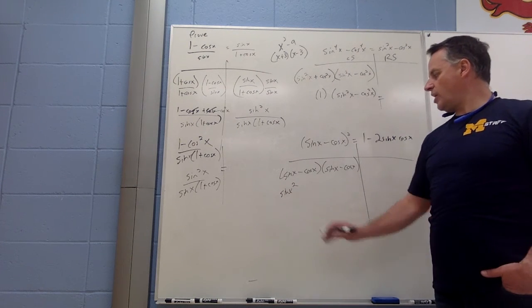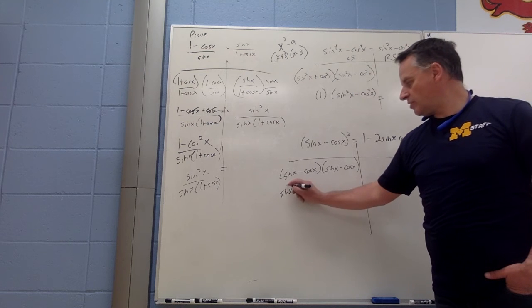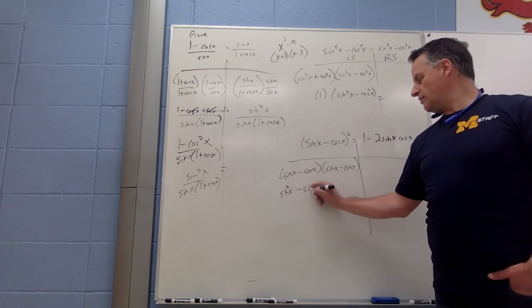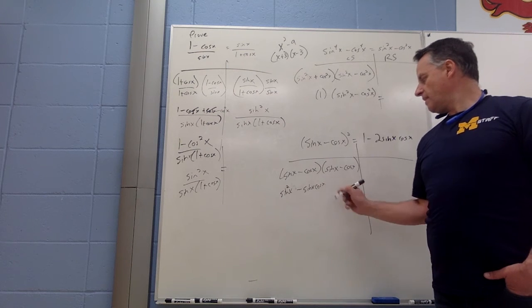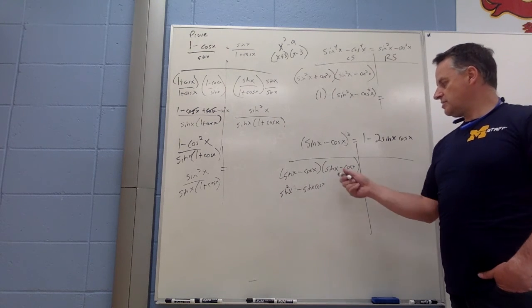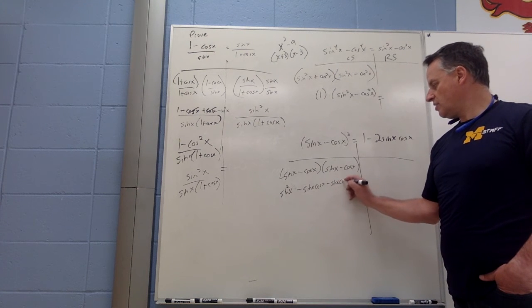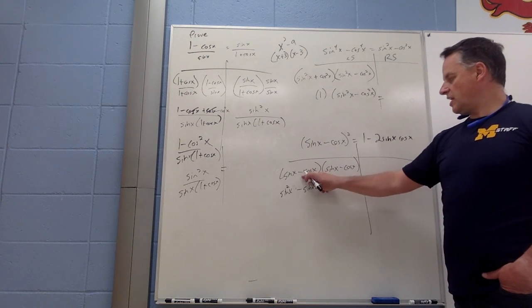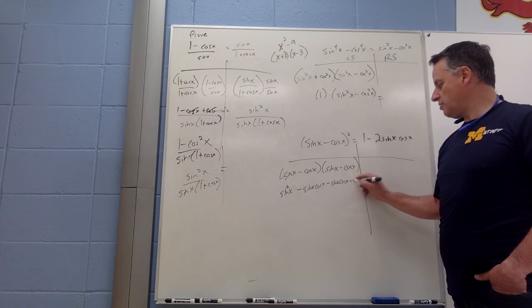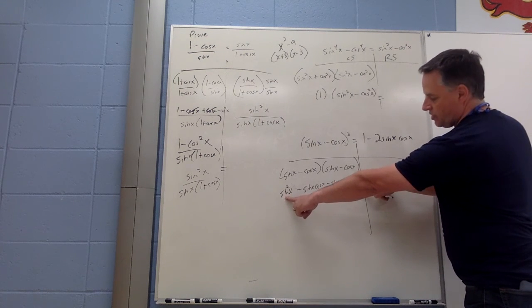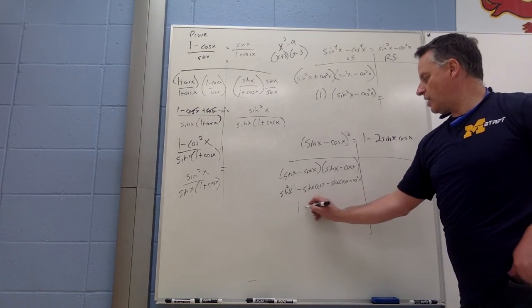Sine times sine is sine squared. Whoops, got to put the squared in the right spot. Sine times negative cos is negative sine cos. Negative cos times sine is again negative sine cos. And then negative cos times negative cos is positive cos squared. Again, I end up with sine squared plus cos squared, which is just 1.